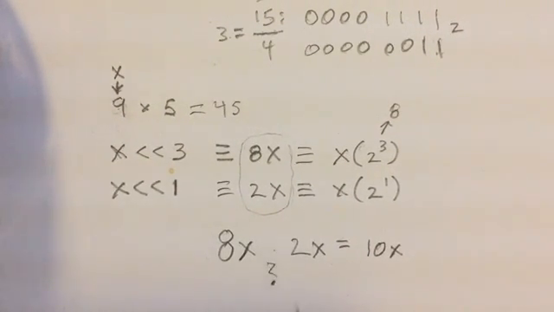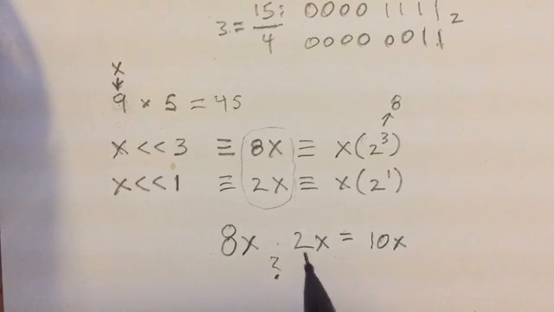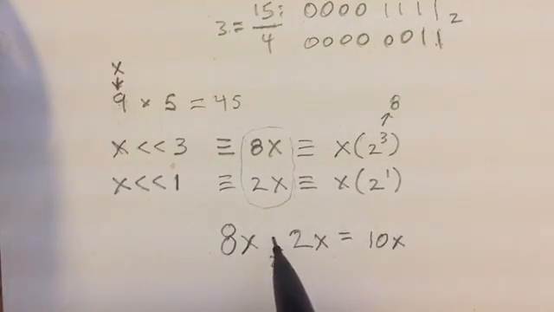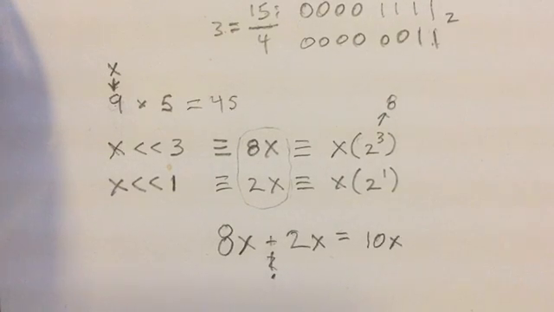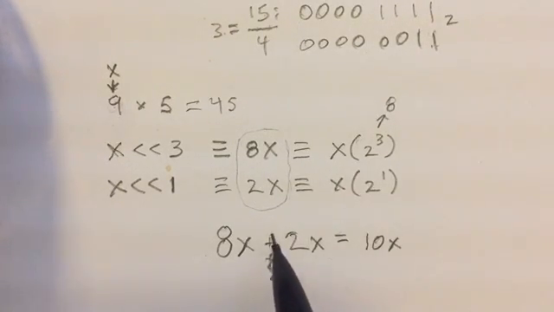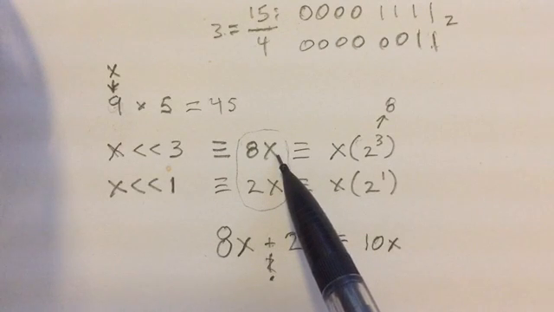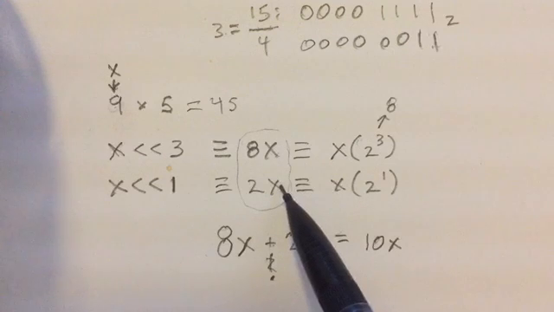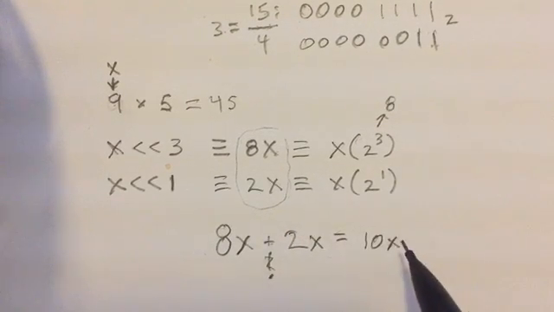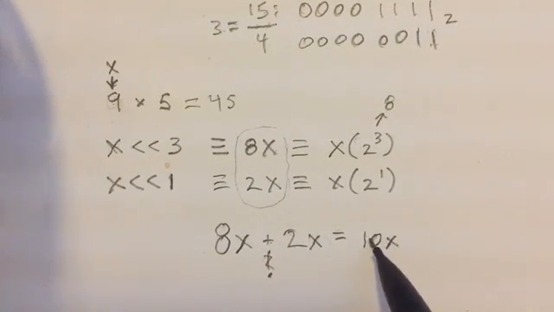So what do you think this is? That's right, it is addition. Nice interrobang for you. So if we add our multiplication of x by 8 and our multiplication of x by 2, we would get multiplication of x by 10.